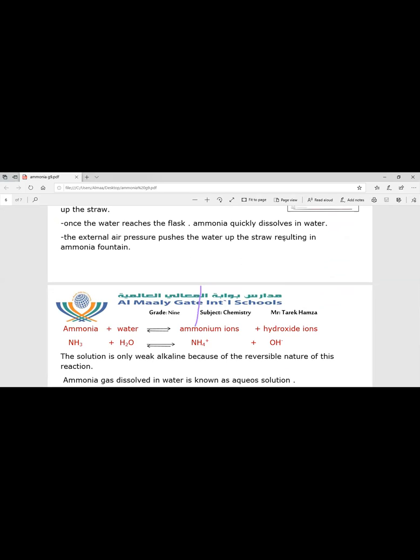The solubility of ammonia can be represented by the following equation. Ammonia plus water produces ammonium ions and hydroxide ions. NH3 plus H2O produces NH4+ and OH-, positive ions in NH4 and negative ions of OH.